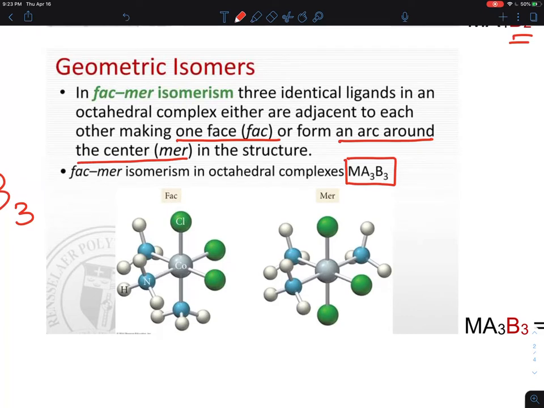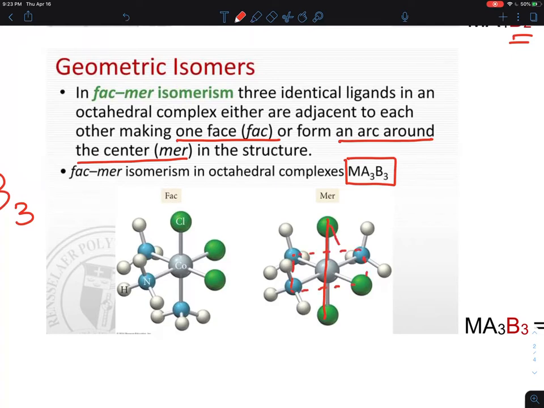MER is very similar to meridian. Meridian means going through the pole, if you've taken geography classes. So MER is going through the pole, and if you imagine this is more like a plane, right?